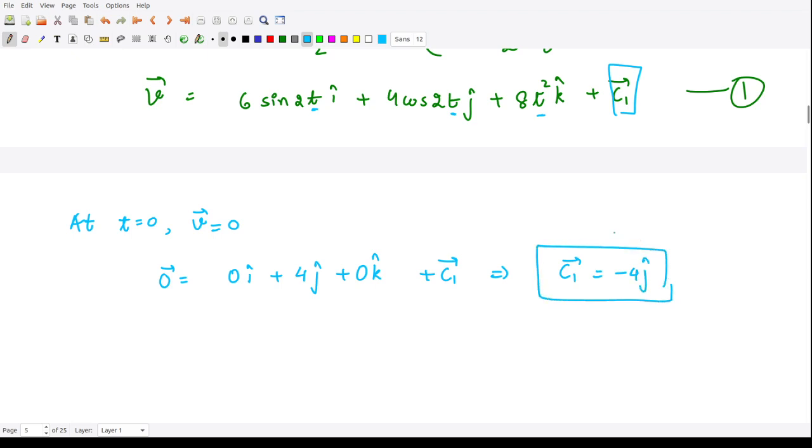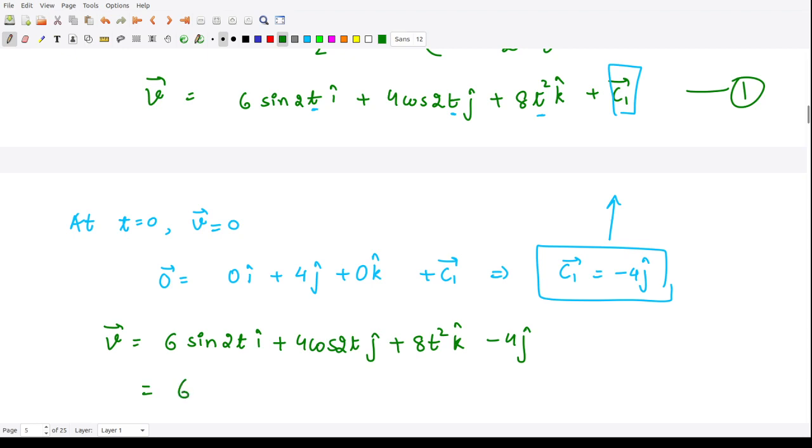So you can substitute this vector in the above equation 1. So you have the value of velocity as 6 sin 2t I cap plus 4 cos 2t j cap plus 8 t square k cap, and the value of c1 is minus 4 j cap.